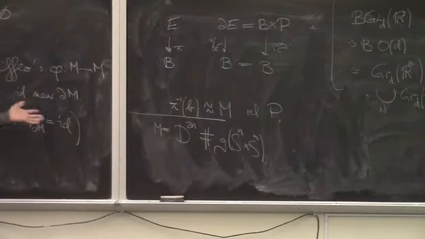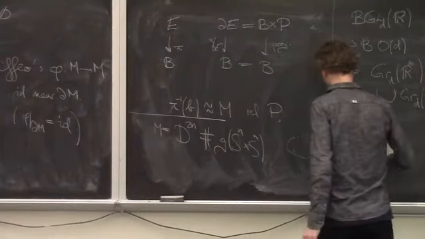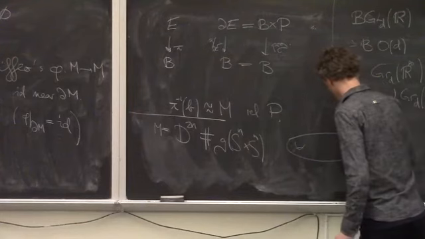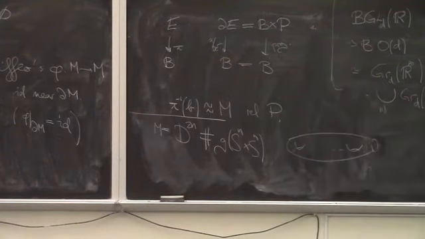So if n is equal to 1, this is just a surface with one boundary component. And if n is bigger than 1, it's some kind of generalization of that.